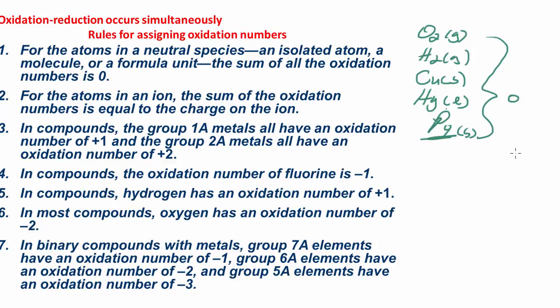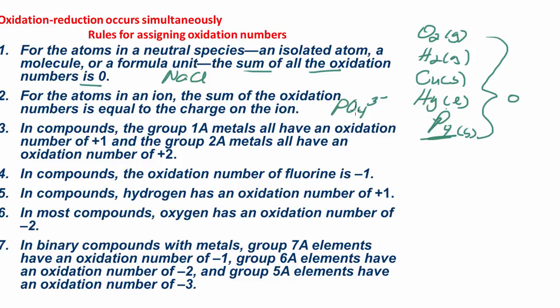Now, when we have a neutral compound, the sum of all the oxidation numbers is equal to 0. So I have sodium chloride. The sum of the oxidation numbers here has to be 0. For the atoms in an ion, for example, phosphate ion, the sum of the oxidation numbers for the atoms has got to be equal to the charge on the ion.